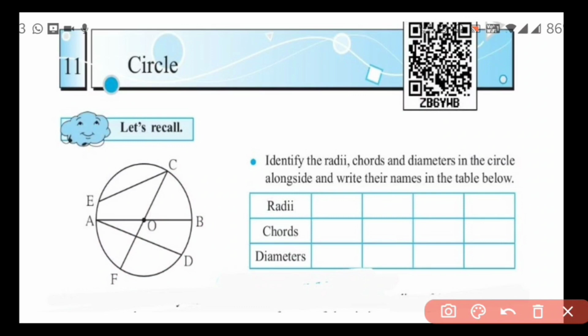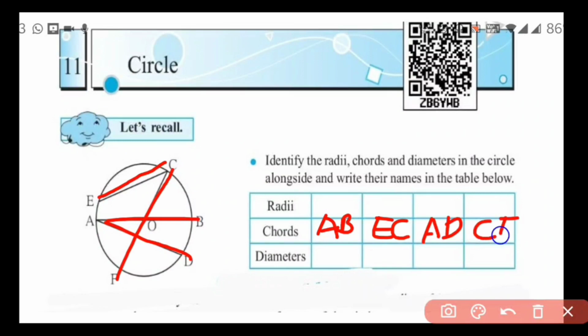Any two points joined, that means segment EC is a chord, segment AB is a chord, segment AD is a chord, and the last one, CF, is also a chord of the circle.